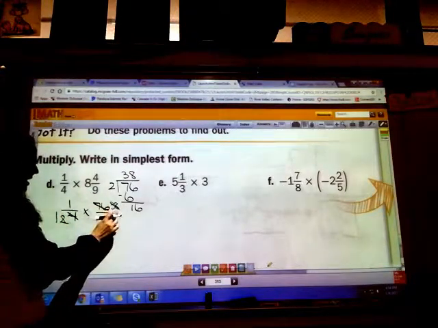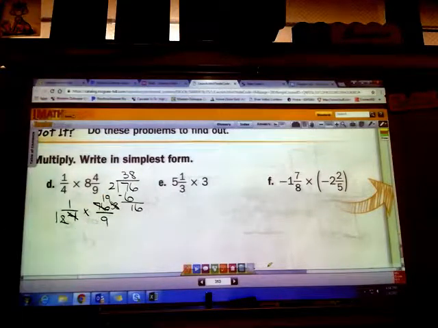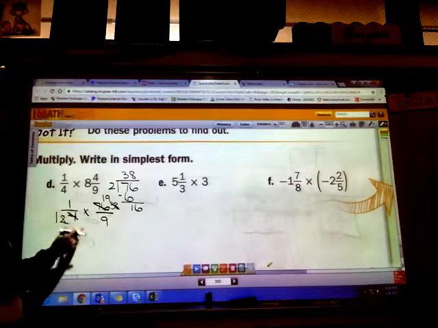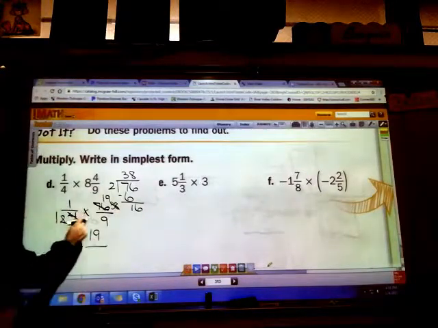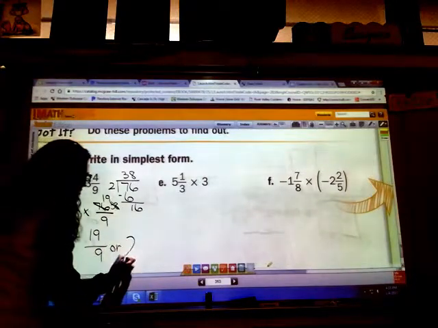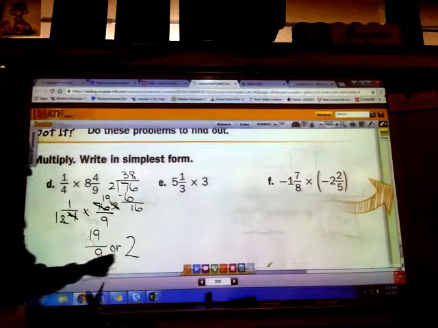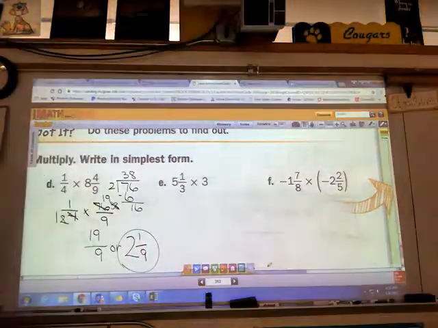And I'm going to think half of 38, which I know is 19. So there I'm working with smaller numbers now. Now I can go ahead and multiply my numerators. 1 times 19 is 19. 1 times 9 is 9. I can rewrite that. 9 times 2 is 18. 19 minus 18 is 1. So I have 2 and 1/9.